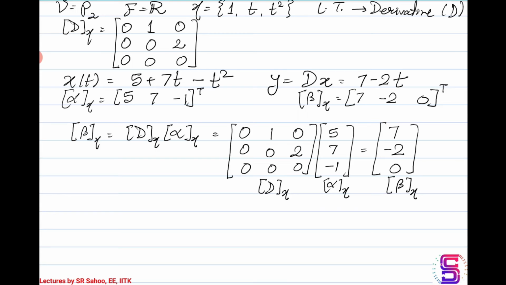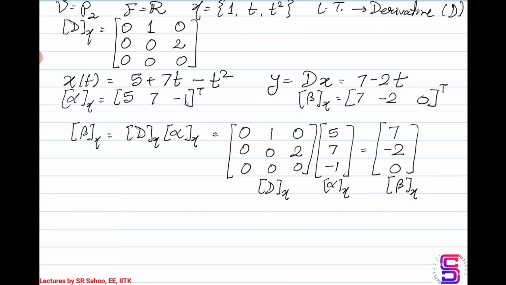So similarly, we had discussed a transpose operation. You can check for the transpose operation as well. Also, definitely do check it for the other basis of this second degree polynomial space, for example, the basis y that we have taken, 1, t and 1 minus t square. We had a derivative operation represented as a matrix representation there.